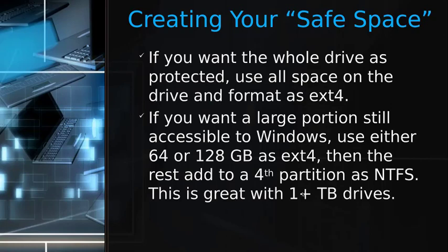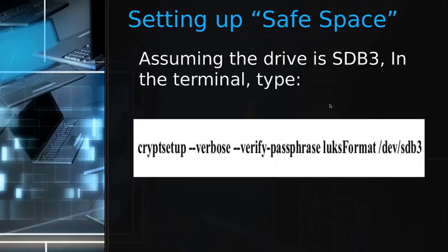So, with that said, we're just going to target this third partition, which we're going to be dealing with in ext4 file format. So the way to set it up, and for this instance we're going to assume that it's going to be sdb3.